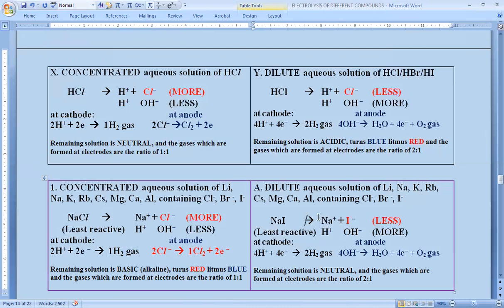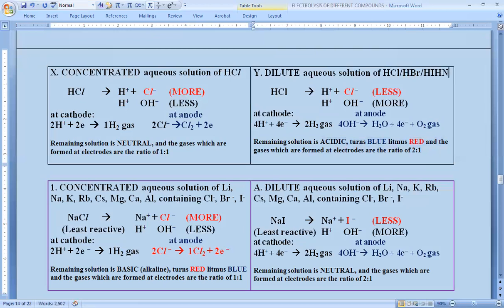So these highly reactive metals cannot be discharged at the cathode, whether the solution is dilute or concentrated. So only hydrogen gas is produced, due to the migration of hydrogen ions towards the cathode. Hydrogen gas is formed.